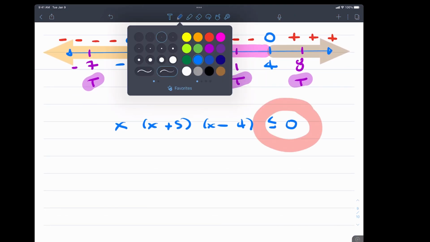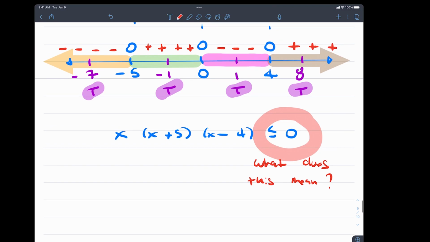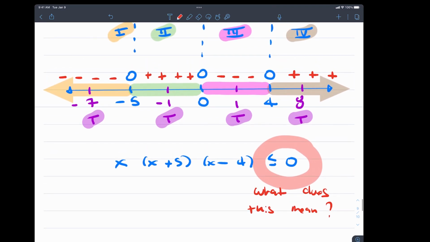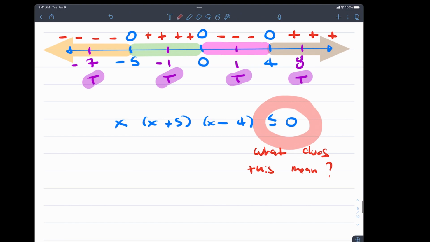We're going to have to ask this question again. What does this mean? Because we're going to have to solve and graph. You're looking at the answer, by the way. But you can't answer the question if you don't even know what the question is. So what is the meaning of less than or equal to 0?